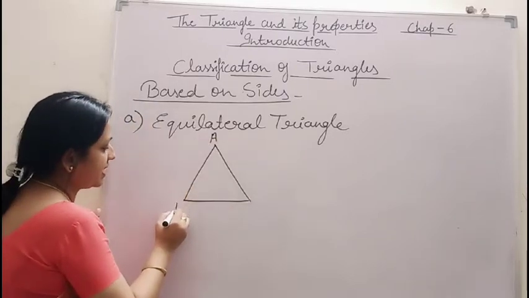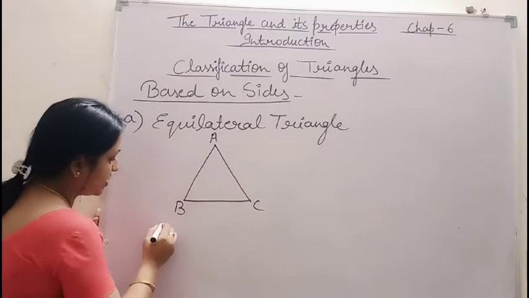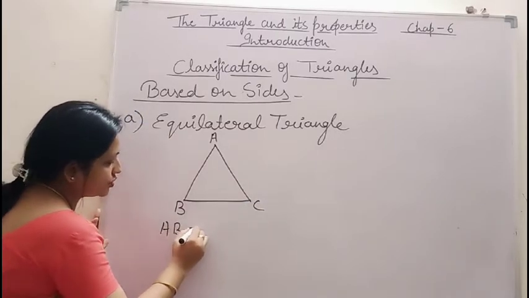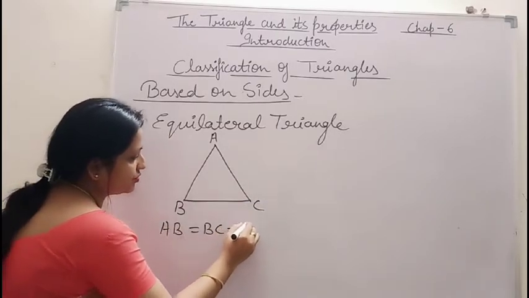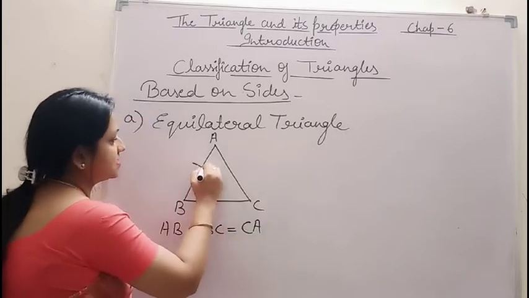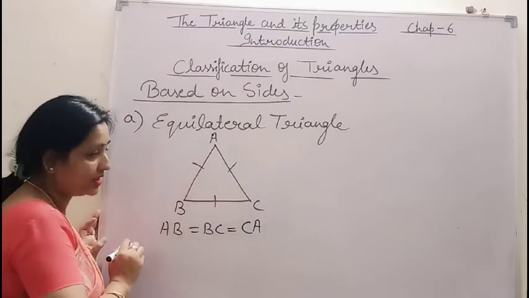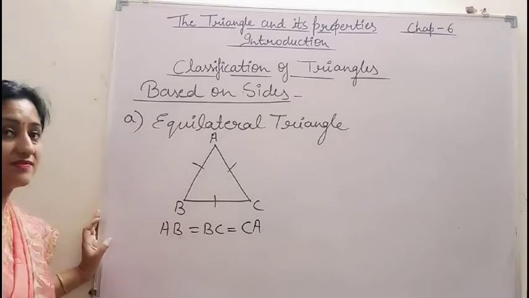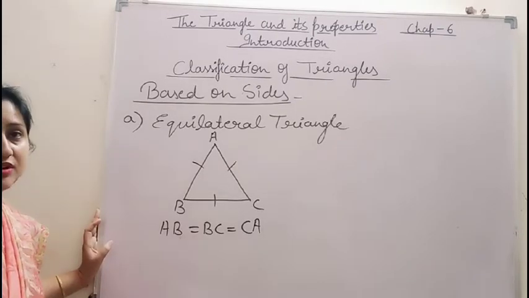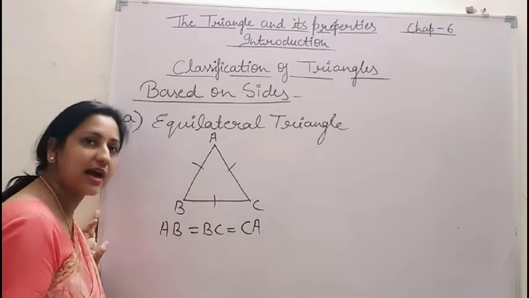We'll give them the names A, B and C. So AB is equal to BC is equal to CA. All sides are equal, and this is the sign of equal. As well, in an equilateral triangle, all angles are equal.